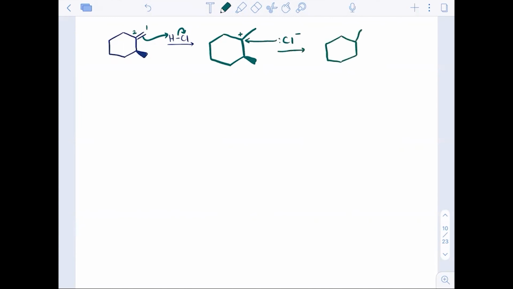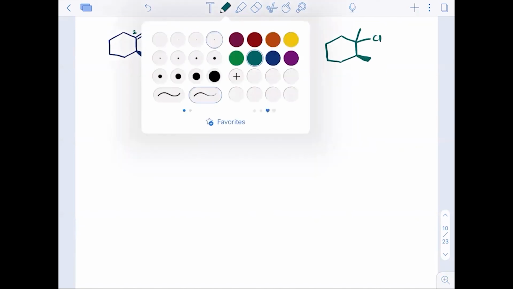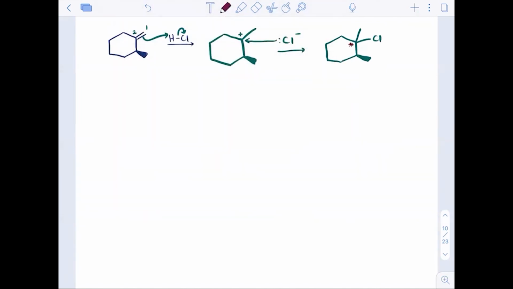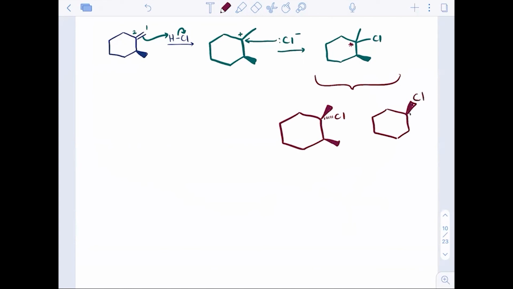And when we form that new carbon-chlorine bond, what we notice is that we indeed made a chiral center. So what that means is that we will get two products, one with the chlorine attacking from the bottom side, and one with the chlorine attacking from the top side.